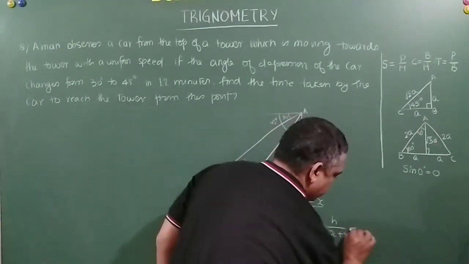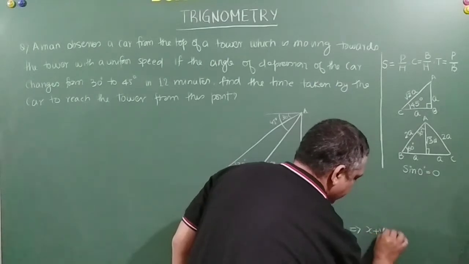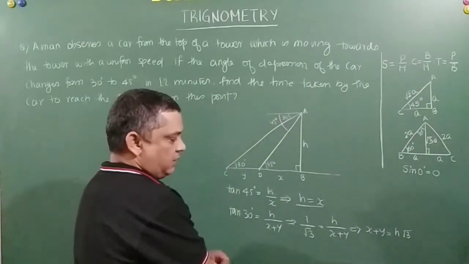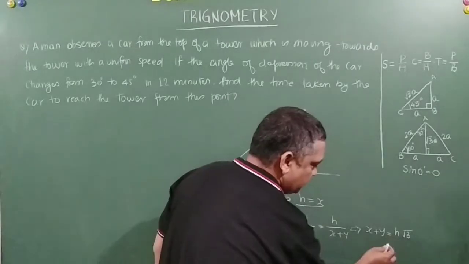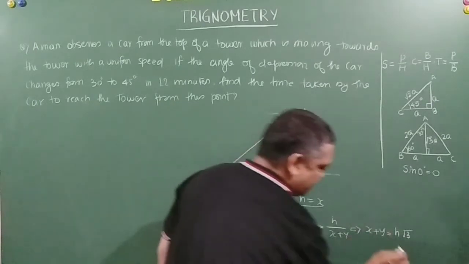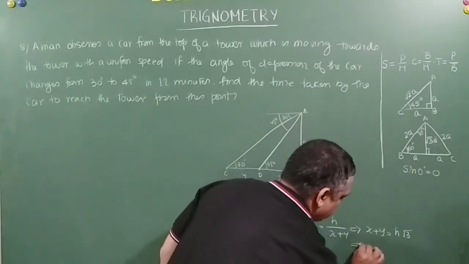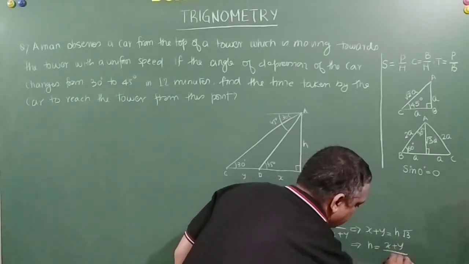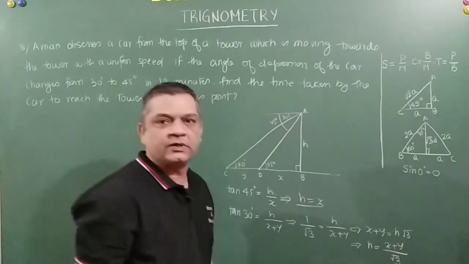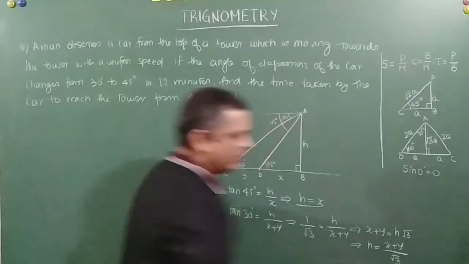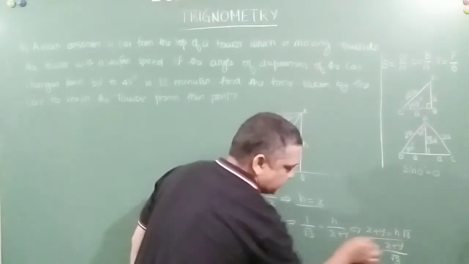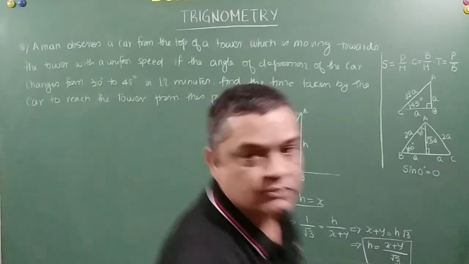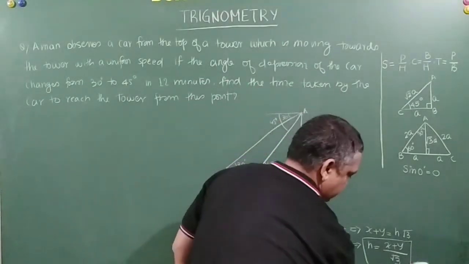In other words, H is equal to X plus Y divided by root 3. Hope this has been covered. Now friends, from this, let me write it here because it has not covered completely.